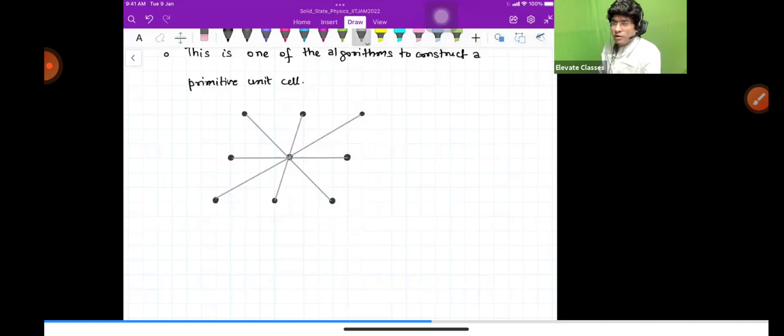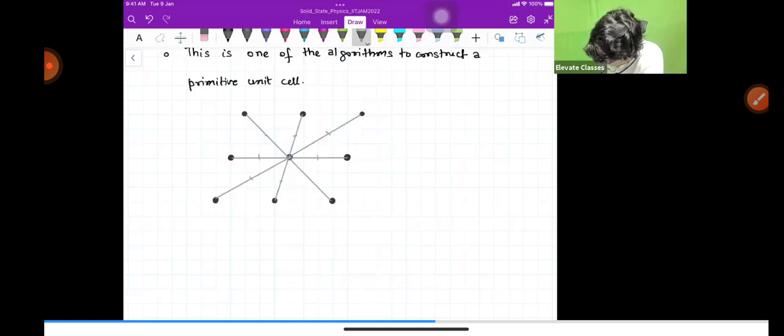Now draw perpendicular bisectors to each of the lines. It's difficult to get the accuracy, but I'll still try. The midpoint of this is this one, and the midpoint of this is this one. I can get the midpoints easily here. Now this one will be somewhere here, and this will be somewhere here.